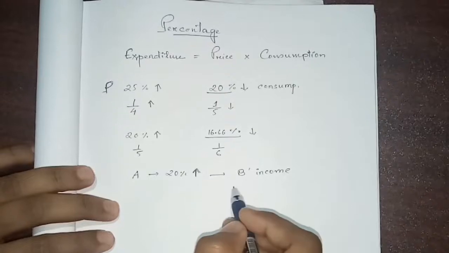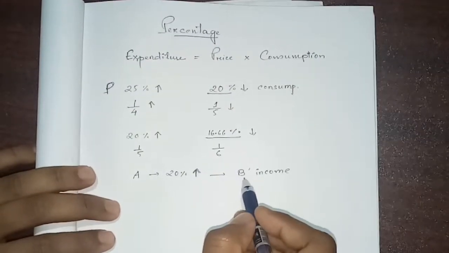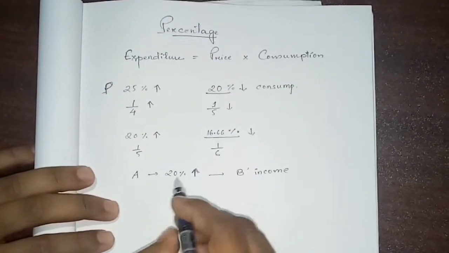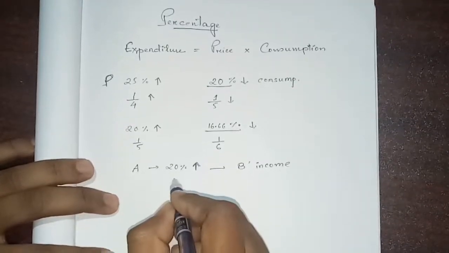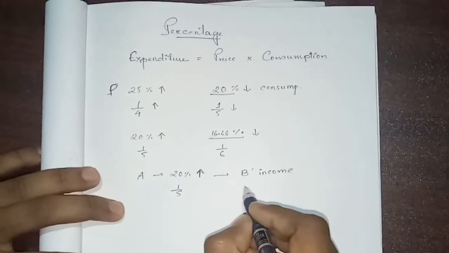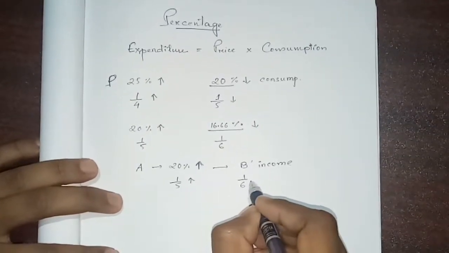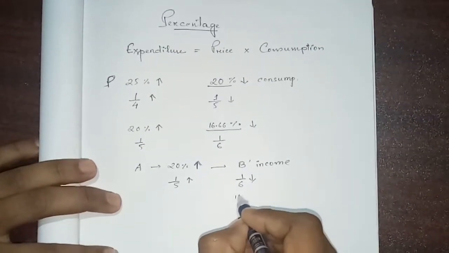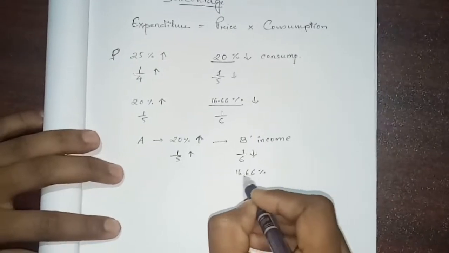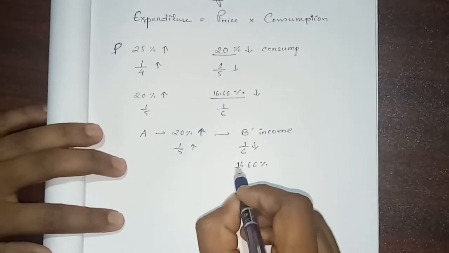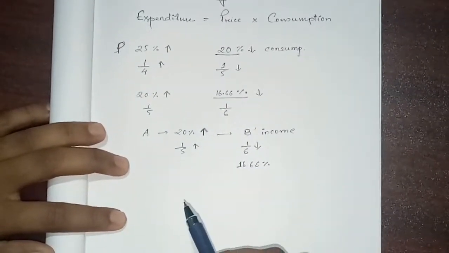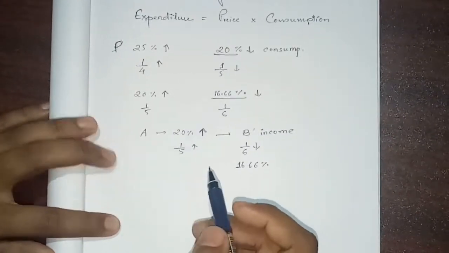How will you approach it? Similarly, 20% is 1 by 5. You increase 1 by 5, that is 1 by 6. So 1 by 6 decrease is 16.66%. So B's income is 16.66% less than A's income. This type of question you can attempt easily.